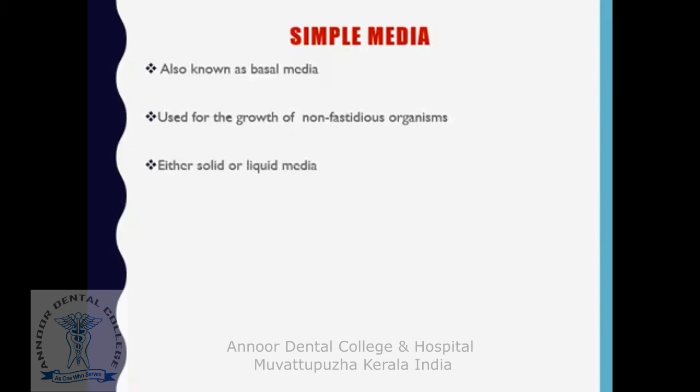Based on consistency, it can be solid or liquid, and the common examples are peptone water or peptone broth and nutrient agar. The term broth indicates liquid media. So peptone broth or peptone water and nutrient agar are examples of simple media.